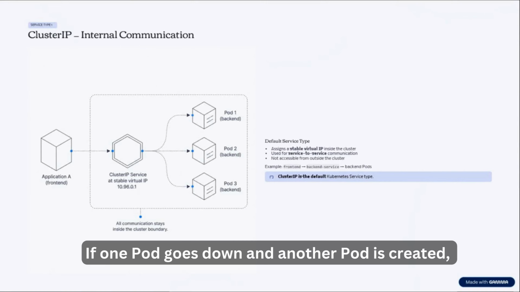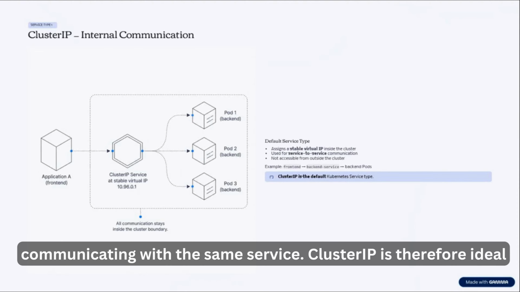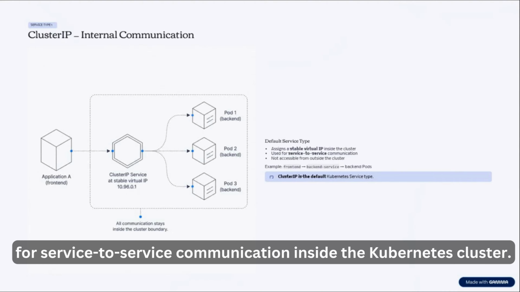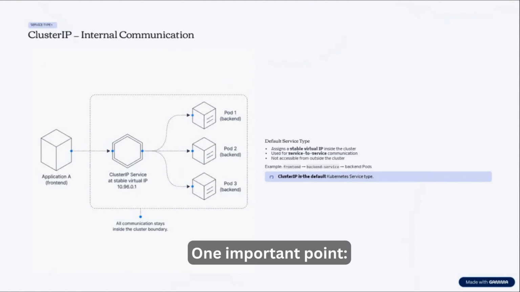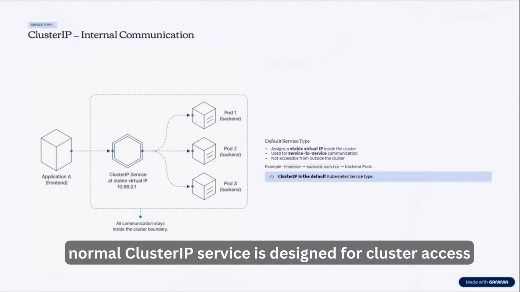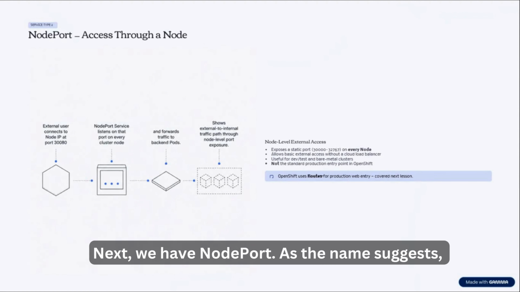If one pod goes down and another pod is created, the front end doesn't need to change anything. It continues communicating with the same service. ClusterIP is therefore ideal for service-to-service communication inside the Kubernetes cluster. For example, front end to back-end service to back-end pod. One important point is that a normal ClusterIP service is designed for cluster access rather than direct access from outside the cluster.